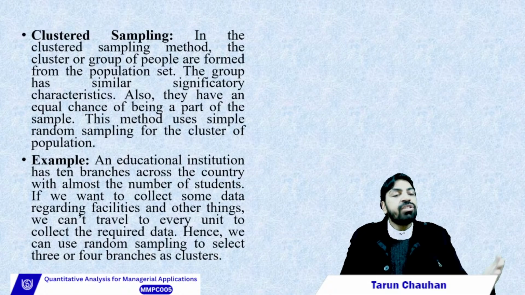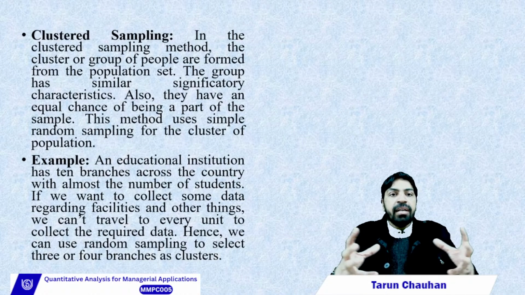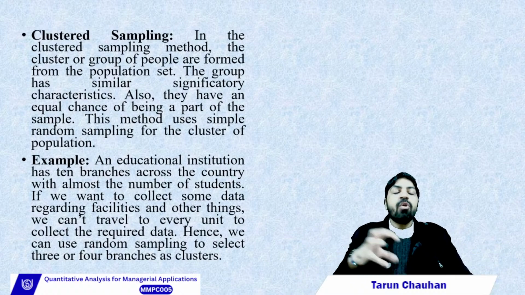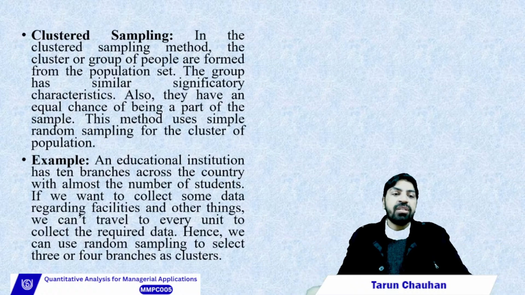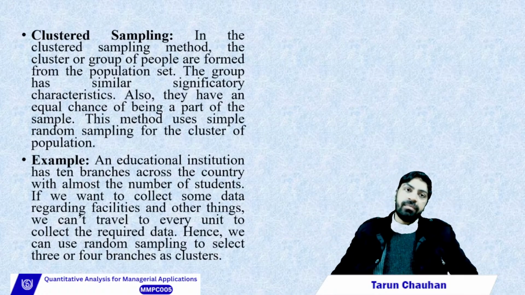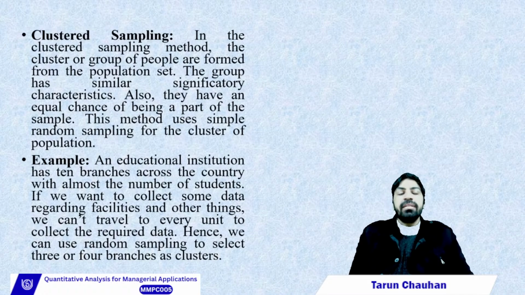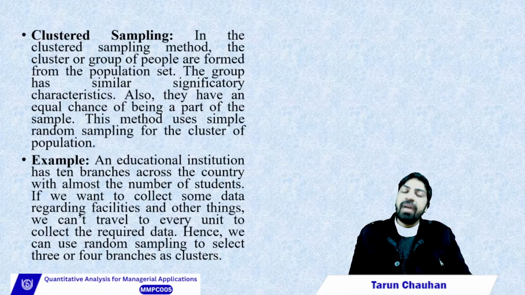So you just use random sampling to select 3 or 4 branches as clusters. A cluster is a particular group based on reasons or locations, and accordingly the researcher collects the data from the selected samples in those 3 or 4 branches.